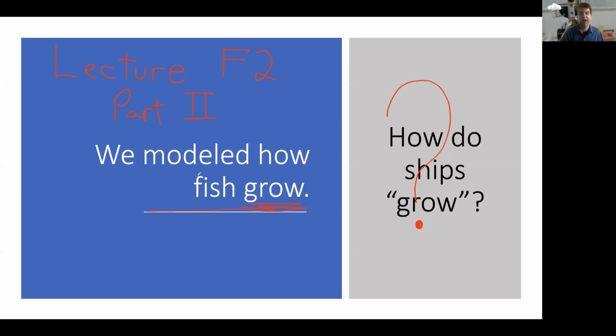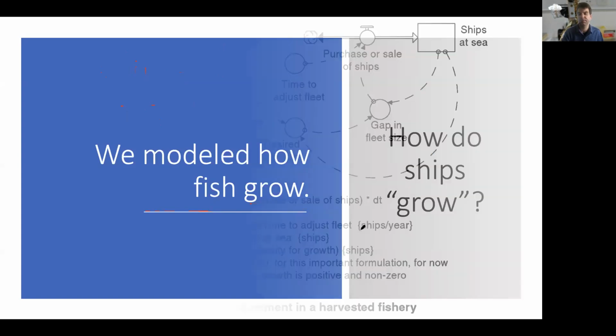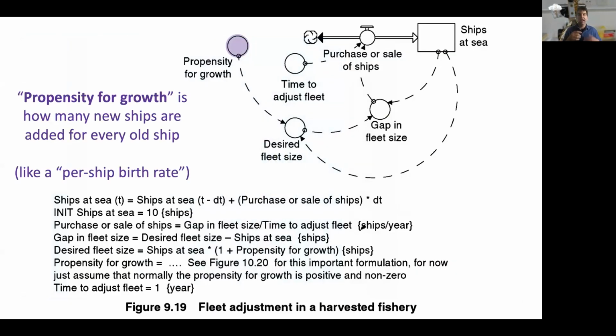So we know how fish grow, and so we'd like to figure out how ships grow. All right, so what was done in Morecroft was to create this additional little sector that represents the fishing industry. This sector has a number of ships at sea over here, and it's a dynamic variable, a stock variable. So we want the ships at sea to change automatically as the simulation is running.